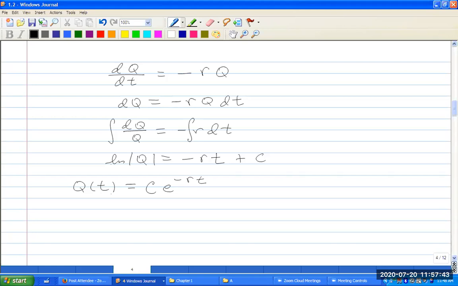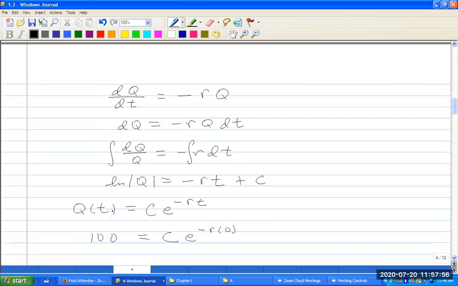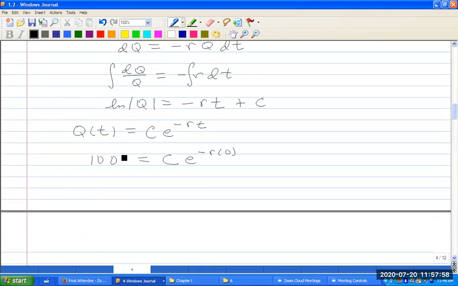So if I plug in 0, C e to the minus r times 0 is equal to, I believe, 100. e to the 0 is 1, so C is equal to 100.